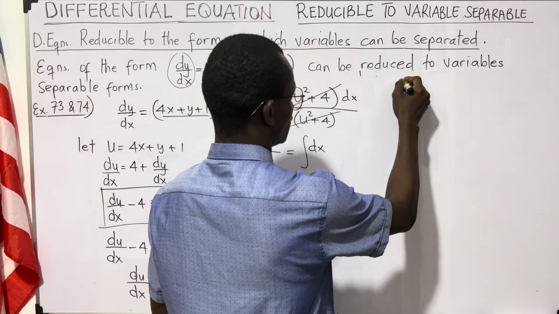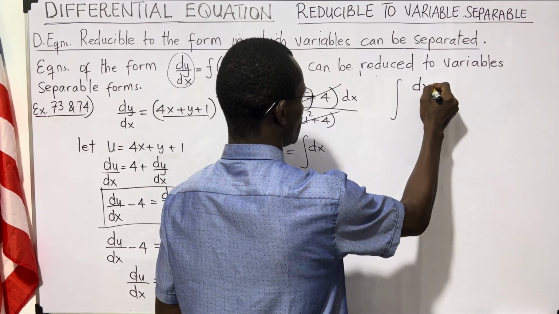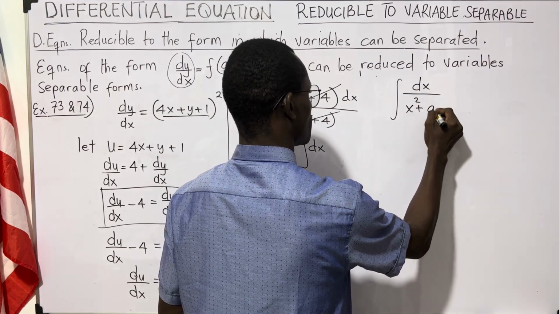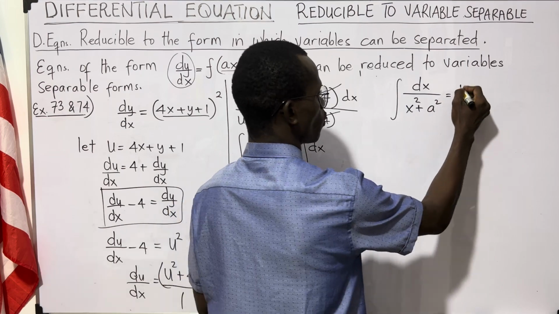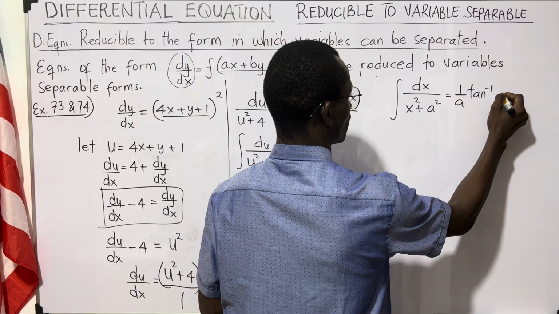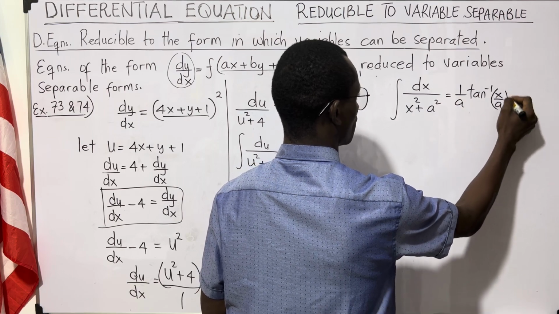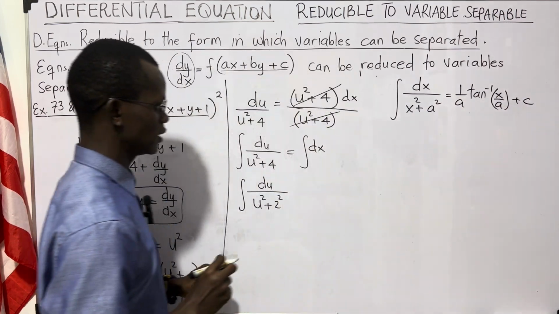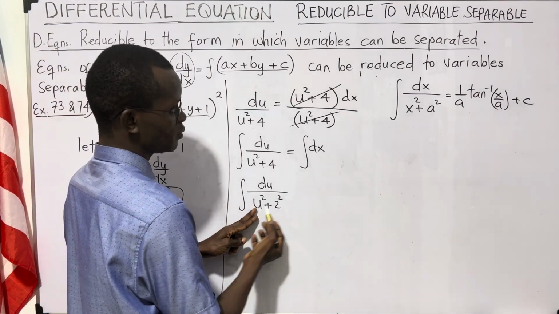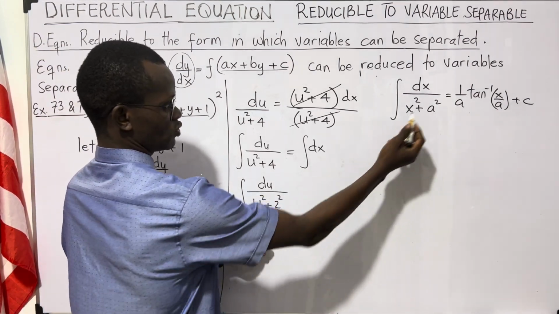And we know that the integral of dx all over x squared plus a squared is just equal to 1 over a tangent inverse of x over a plus some arbitrary constant c. So similar to this problem, this u represents the x, a represents 2.